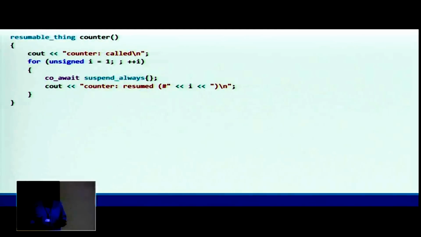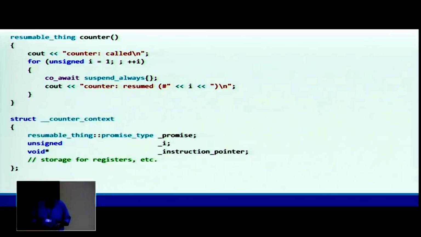So, back to this coroutine code. When the compiler sees this function, the first thing it's going to need to do is create some structure to store all that state we talked about before. It's going to need to create a structure for that coroutine context. So here's the bare minimum. We know it needs to contain the promise that we're going to use to pass back the coroutine handle to the caller.